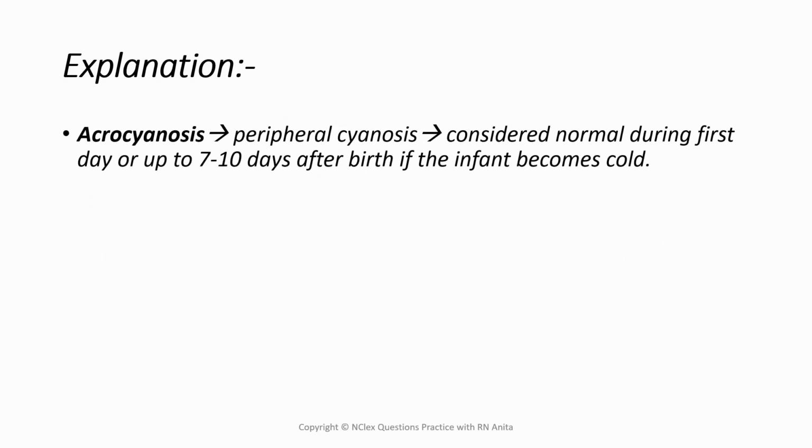Acrocyanosis is peripheral cyanosis that includes cyanosis of the hands and feet. However, the trunk is pinkish in color. So this is a normal finding within the first day, or within 24 hours, or up to 7 to 10 days after birth. There might be several factors playing a role in decreasing the body temperature of the baby. This might be because of cold. So keeping the baby in skin to skin contact with the mother is the best option.